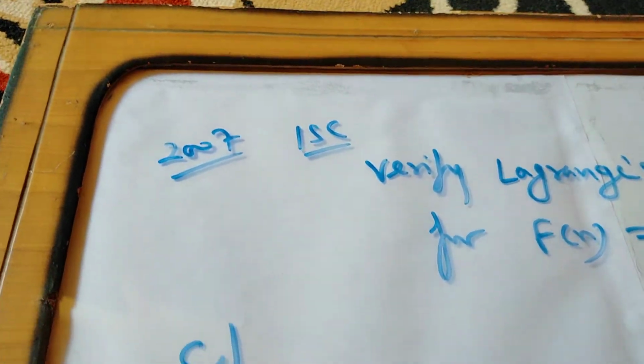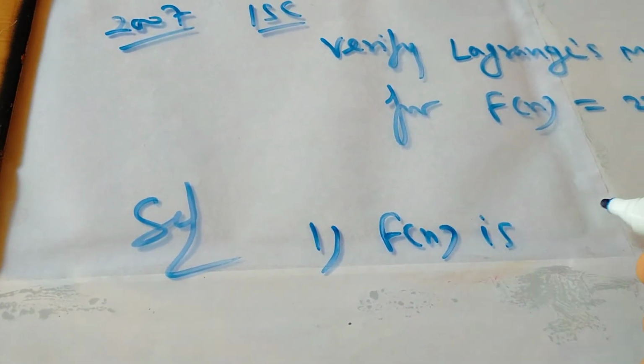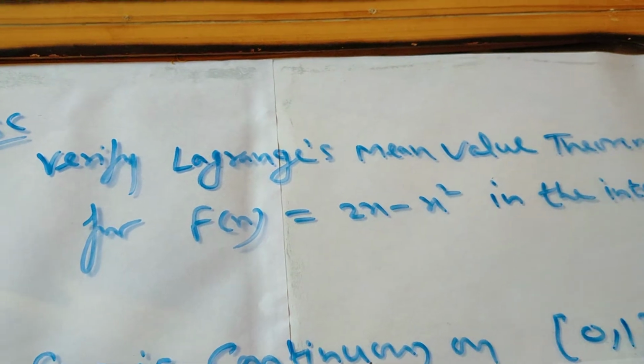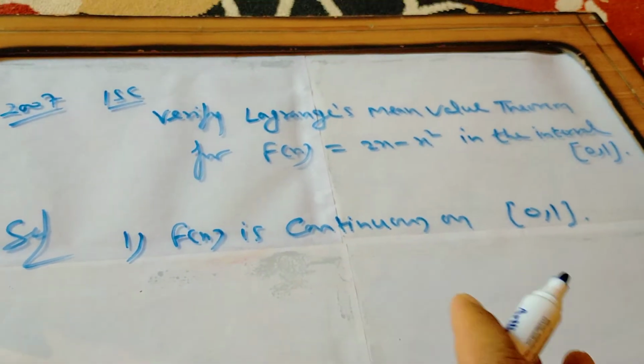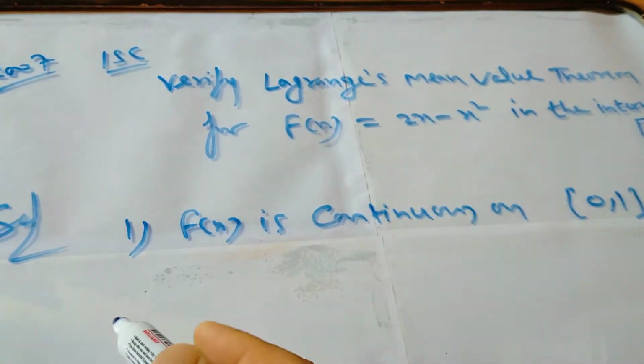The first step is to write: f(x) is continuous on [0, 1]. There is no need to prove the continuity; you just write down that f(x) is continuous on [0, 1].